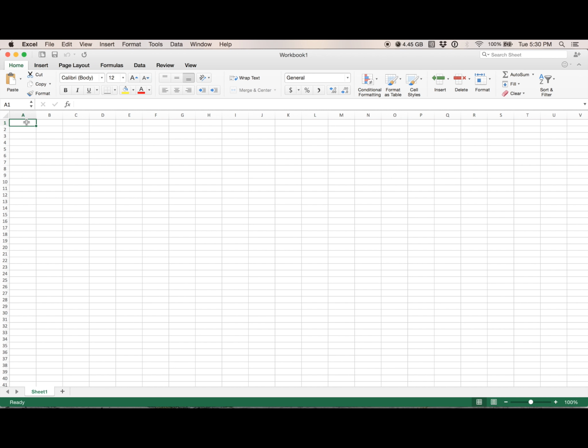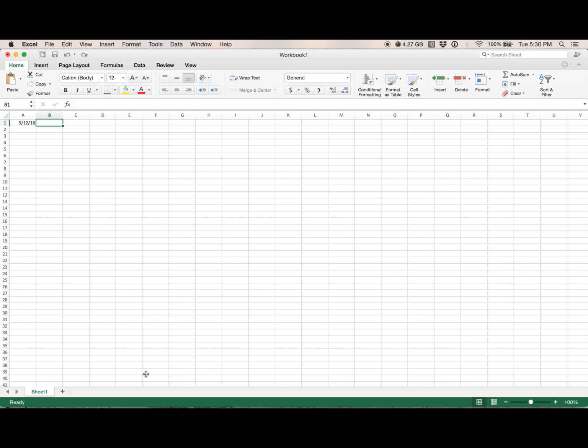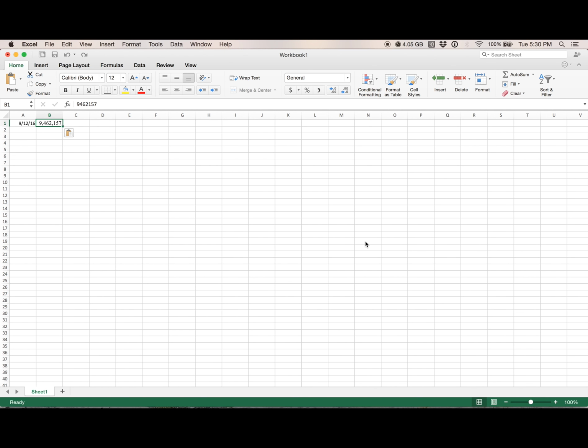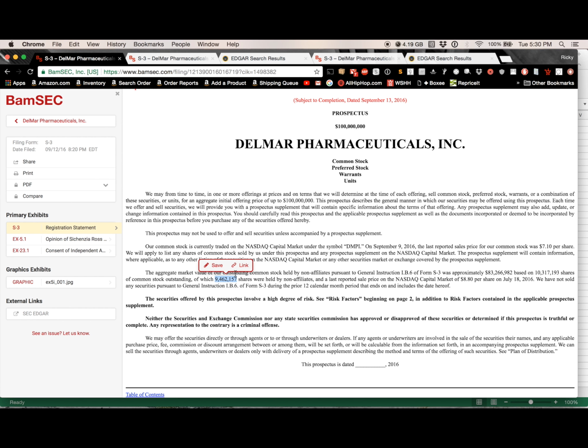I believe we said the date was 9/12/16, something like that, close enough. So copy paste, and then we're going to have to go through this and find out how many shares they've sold into the market through their financings since then.